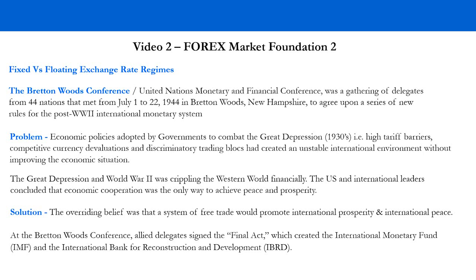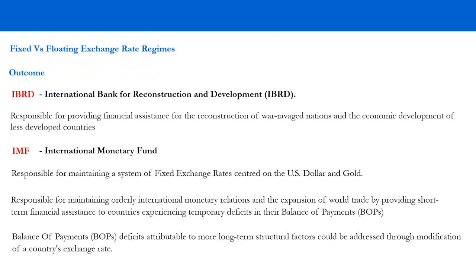And at the Bretton Woods Conference, all of the post-war Allied delegates signed what was called the Final Act, which basically created the International Monetary Fund, the IMF, and the International Bank for Reconstruction and Development.